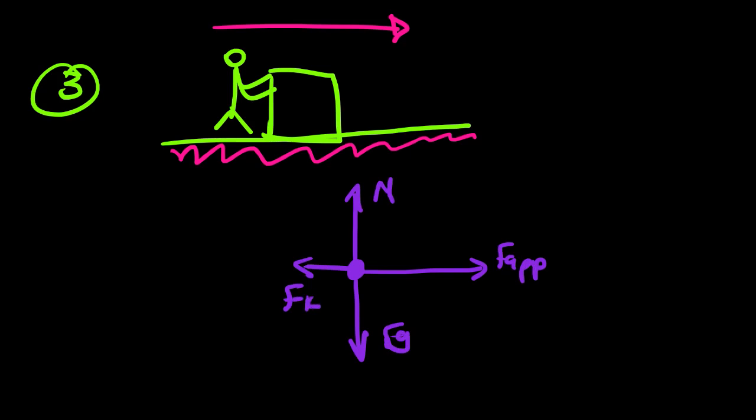Let us look at another scenario. Suppose we have this scenario here. We have a system that is connected by a string or a rope, and this system is experiencing a force applied in this direction.